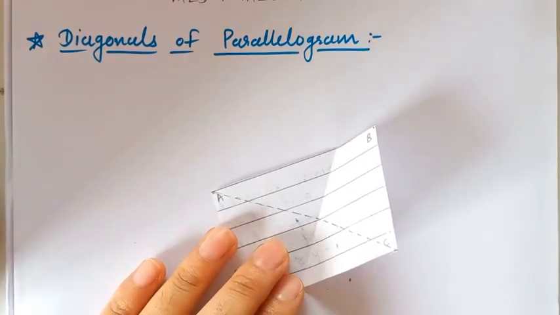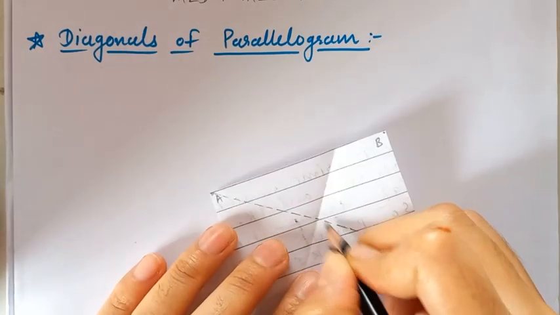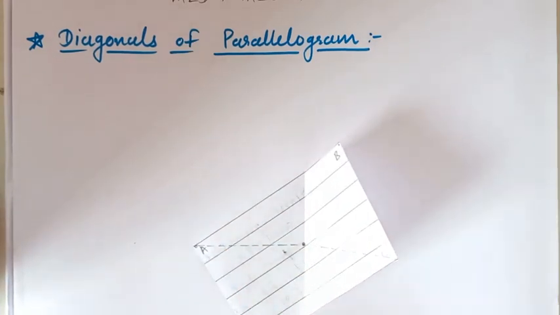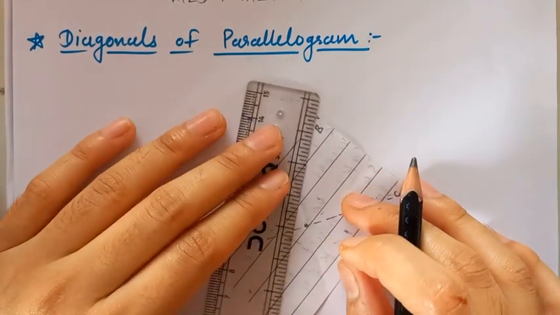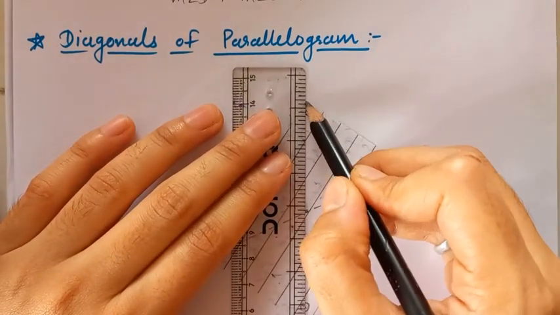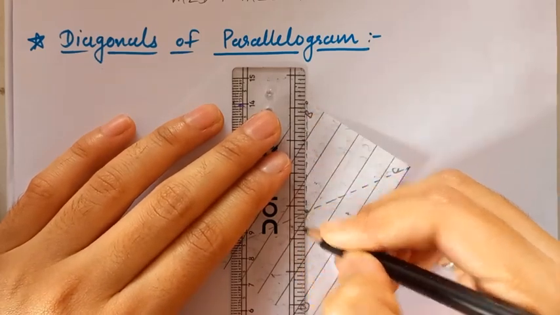This is the midpoint of AC. Now you have to do the same for DB, and further we will prove that if these two diagonals meet each other, then they bisect each other.